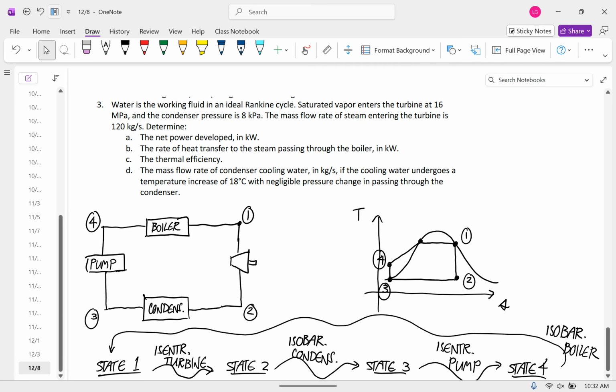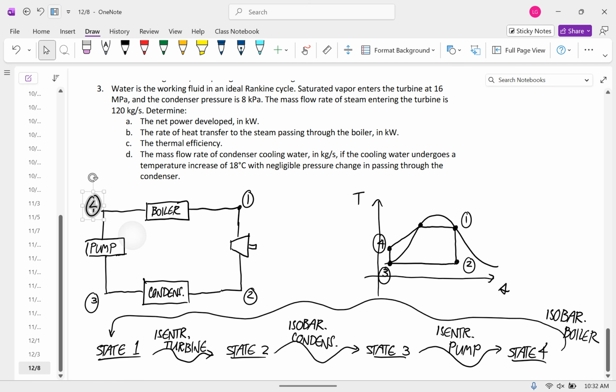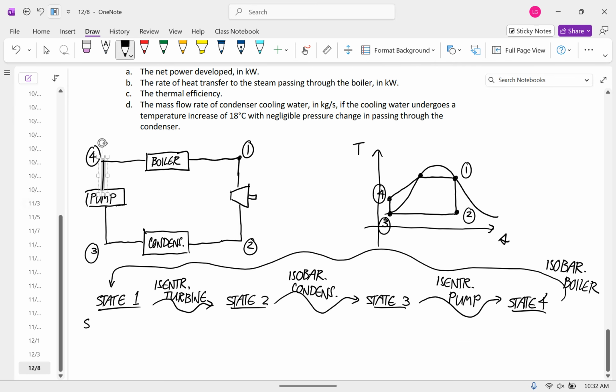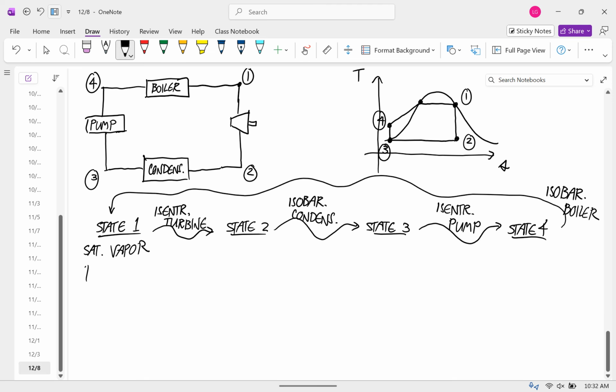And so what do we know? It's water, so we can use that if we need to look anything up on the website. Saturated vapor enters the turbine. So entering the turbine is state 1. And it has a pressure of 16 megapascals.